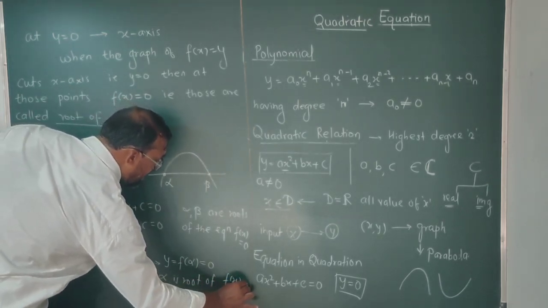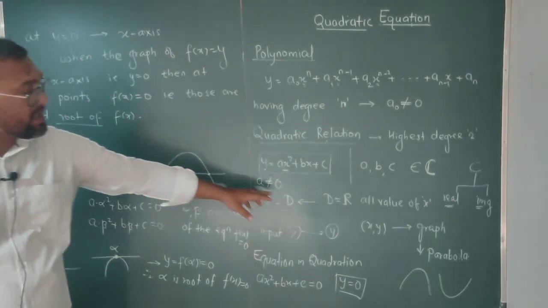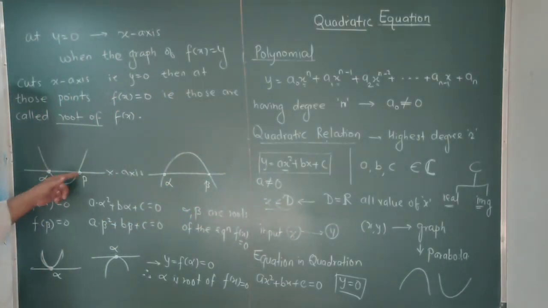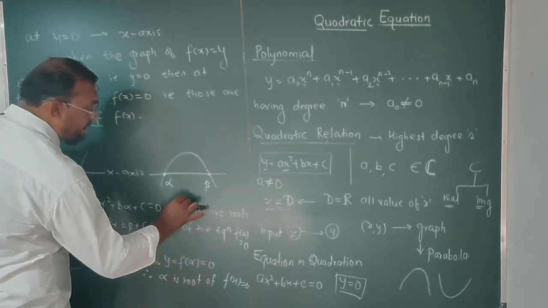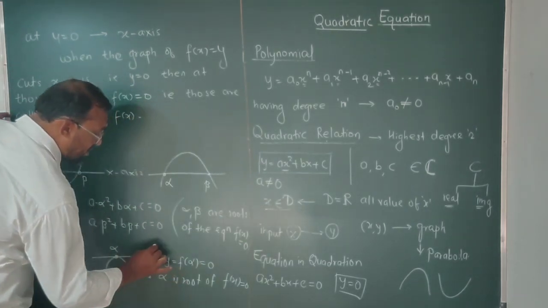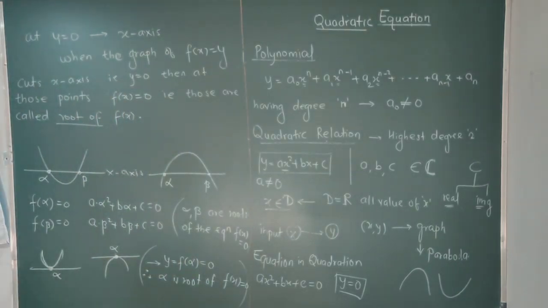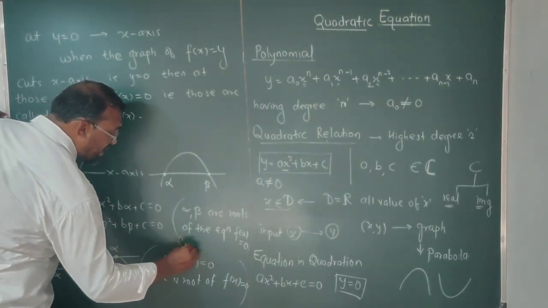Now here I would like to clear something. First, remember that the domain of x is the real numbers. So whenever the graph cuts the axis, we get the roots, and these roots lie on the real number line. So when we say the roots alpha and beta of the equation, we are basically talking about the real roots of the equation, because these are real numbers.